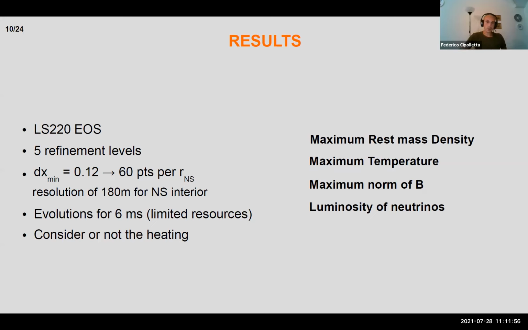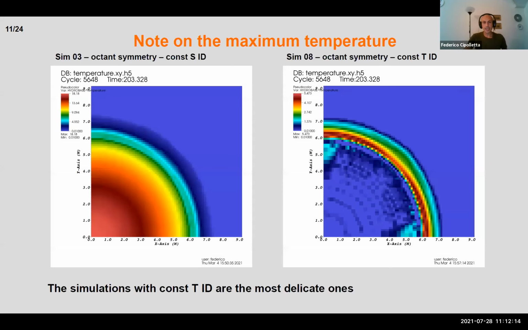As I said, we consider or not the heating. And we analyzed the evolution of rest mass density, of temperature, of the maximum of the magnetic field, and of the luminosity of neutrinos. One note about the maximum temperature, with dependence on what you choose as initial data: with constant entropy or constant temperature, the temperature distribution across the neutron star is different.